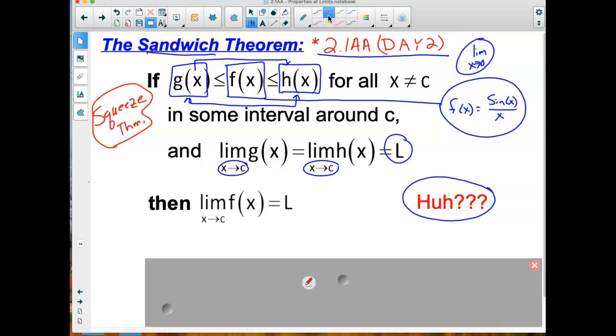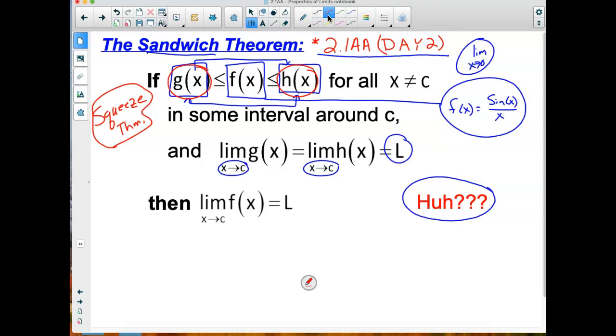So the beautiful thing is you are not going to have to come up with your g of x function and your h of x function. I'm going to tell you what we're going to use. Our lower function, g of x, is going to be cosine x. And h of x, my upper function, is going to be x squared plus 1.